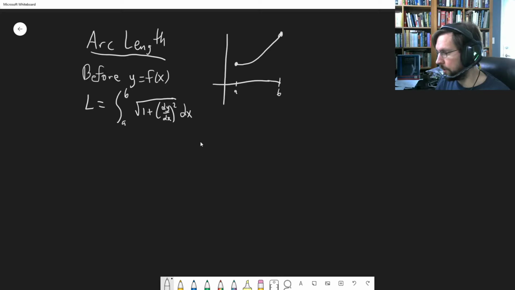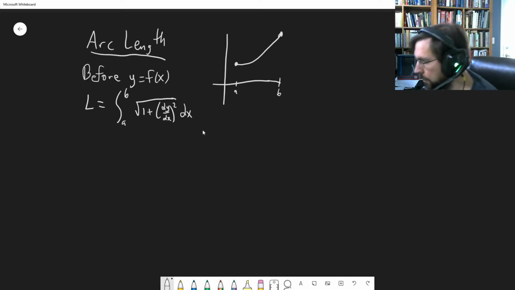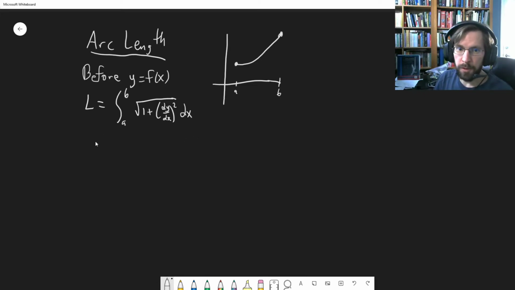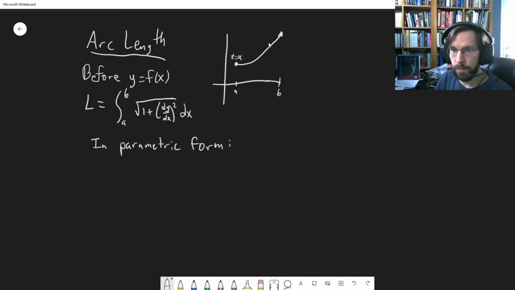What we're going to do is the following. We know what dy dx is in terms of parametric form. Now in parametric form, this is when t equals alpha, and this is t equals beta, so we're going along this direction.